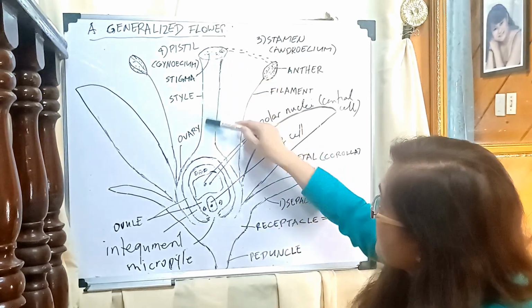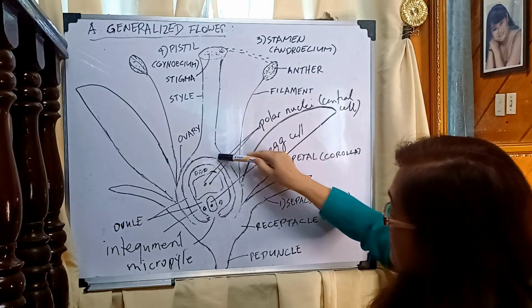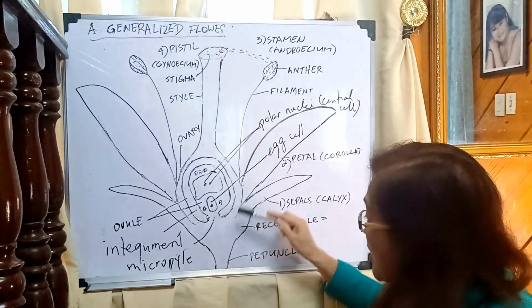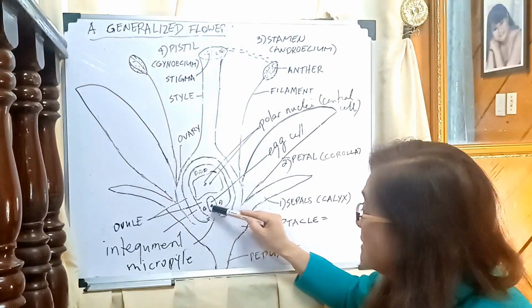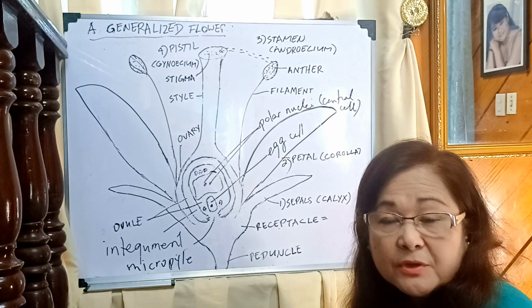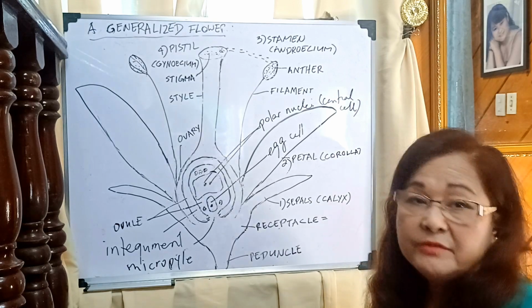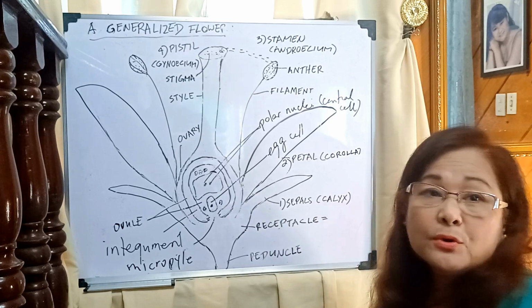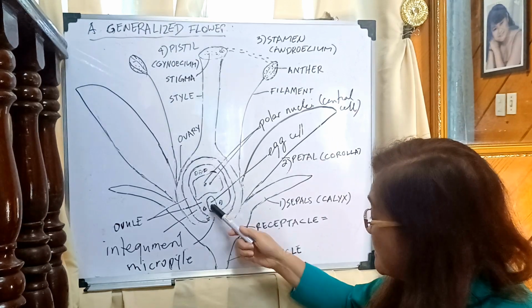It grows here and carries two sperm cells towards the ovule. One sperm cell will fertilize the egg cell to form the zygote, which in turn will develop into an embryo and which will finally grow into a new plant.